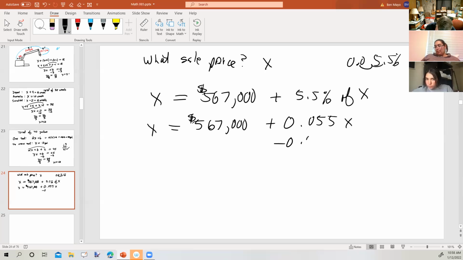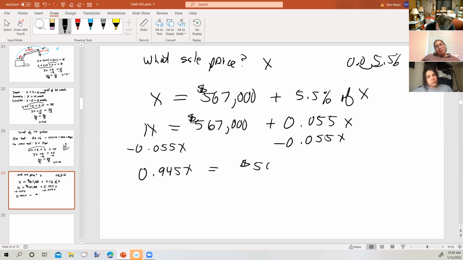So I'm going to subtract 0.055x from both sides. And so let's see, x is like 1x, right? So I've got what? 1 minus 0.055. So that's going to be 0.945x equals $567,000. Still with me?